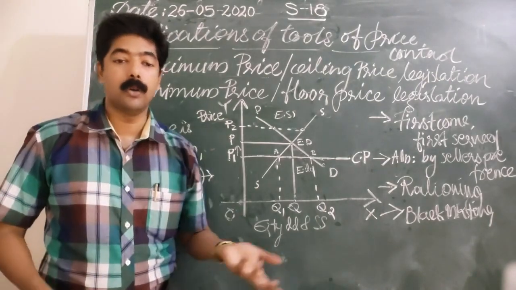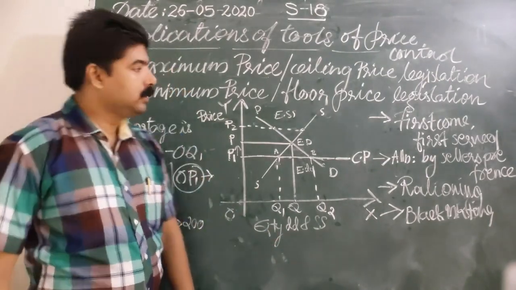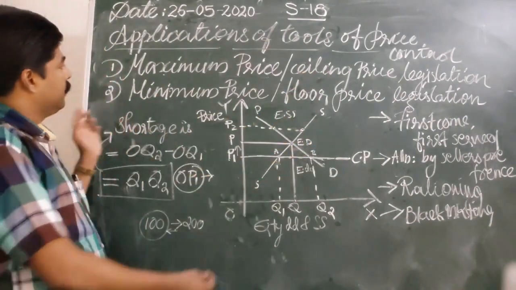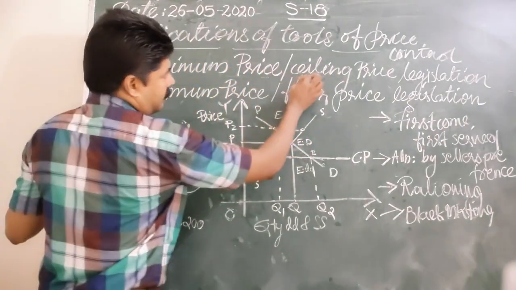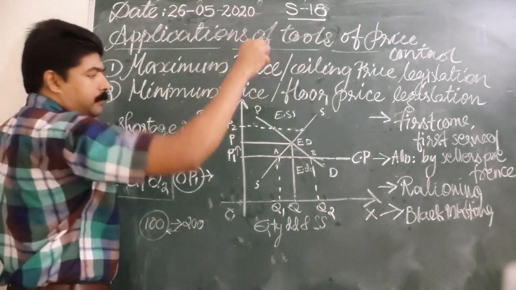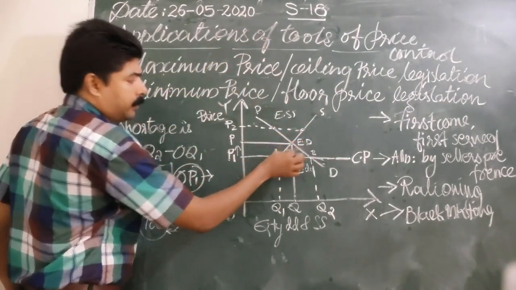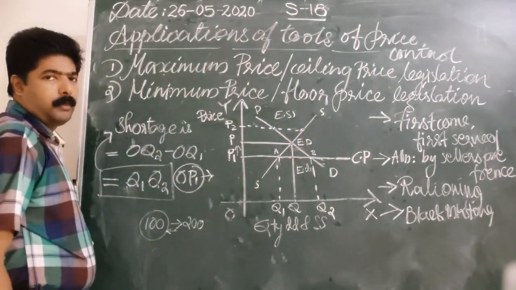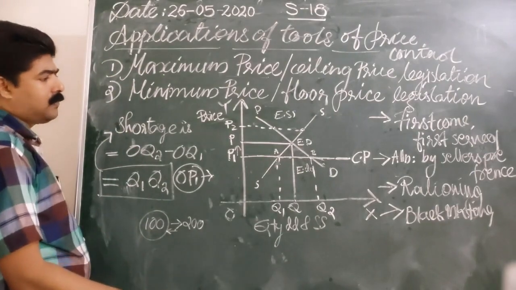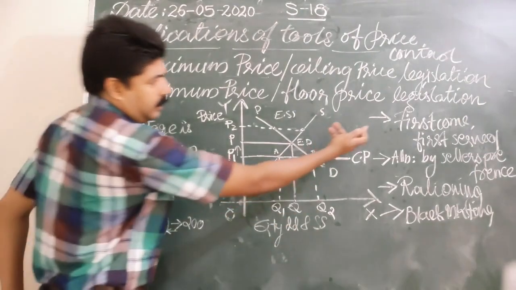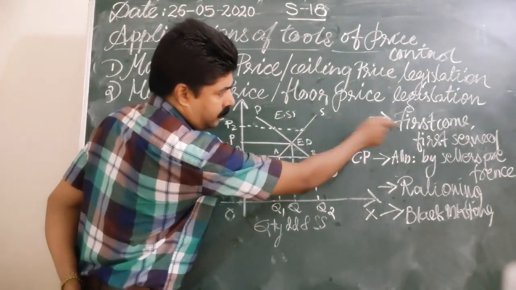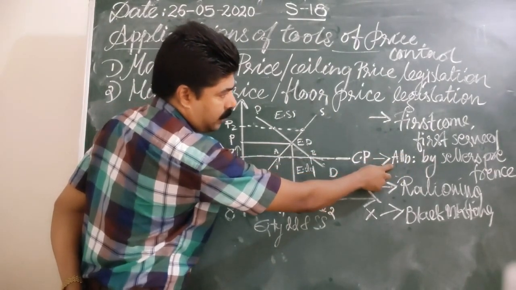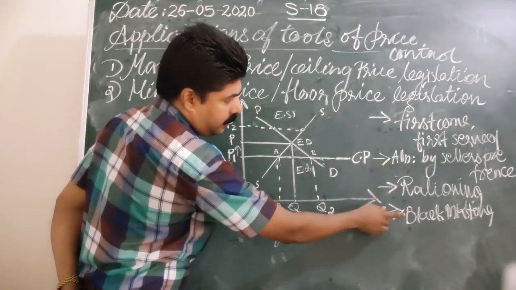So this can also be the reason. So these are the ways when the government fixes a maximum price or ceiling price meaningfully below the equilibrium price, and the government gets methods to solve such conditions: first come first served, allocation by seller's preference, rationing and black marketing.